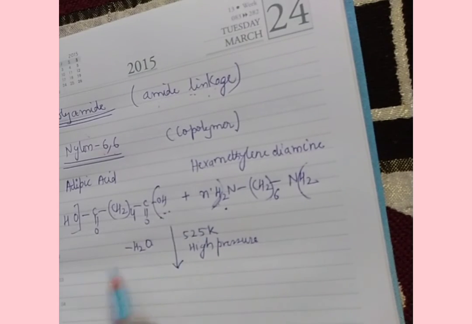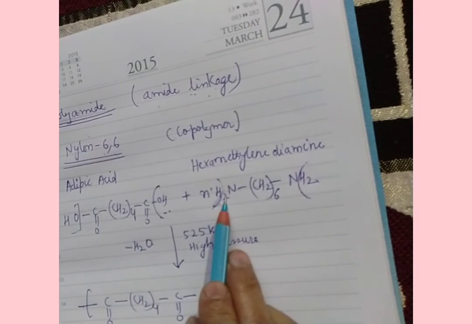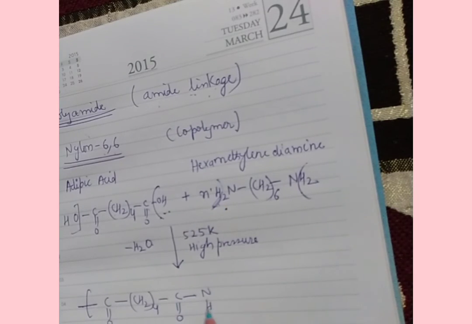So we are having C double bond O, CH2, 4, C double bond O. Now this unit is going to combine with this, and one hydrogen is released from it. So NH, CH2, 6, NH, and this is nylon 6,6. Fine.